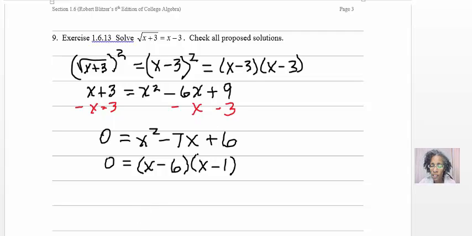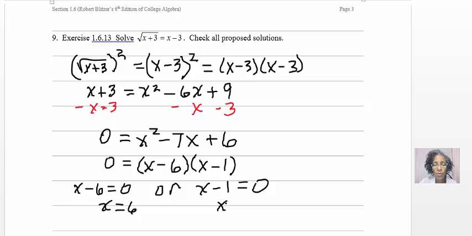If you need to do calculations to make sure that this is right, do that on scratch paper. So if you're taking an exam, you would be doing that on the back of one of the sheets. So x minus 6 is 0, which means x equals 6. Or x minus 1 is 0, which means x equals 1.